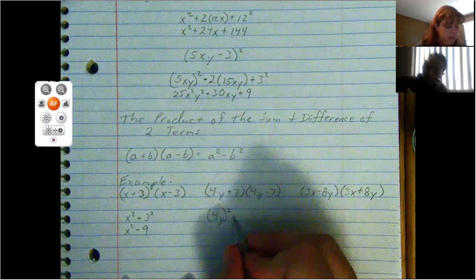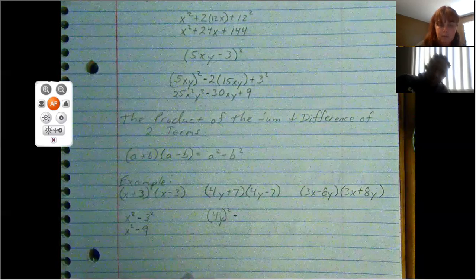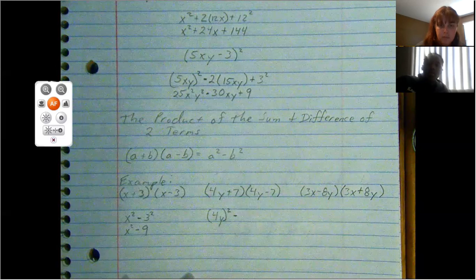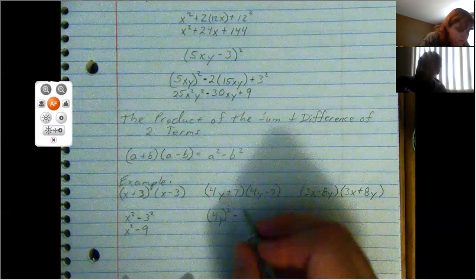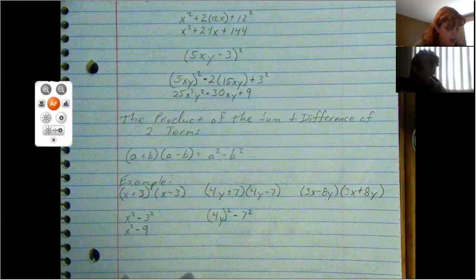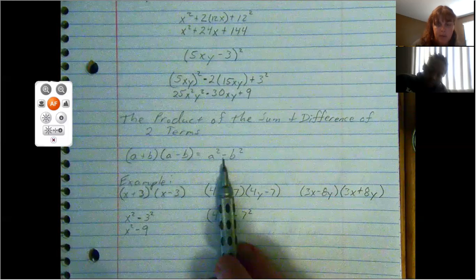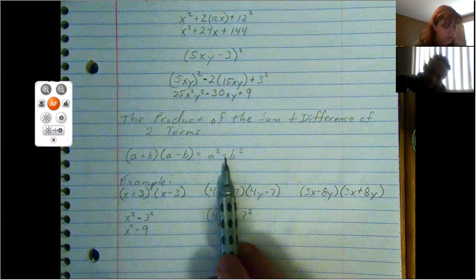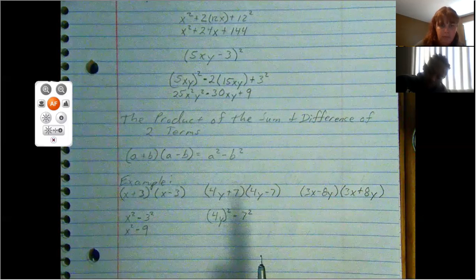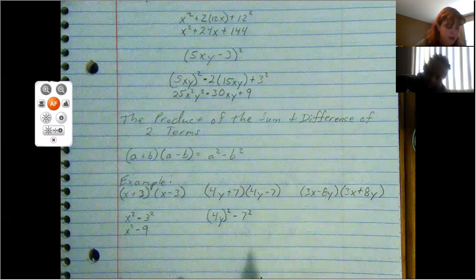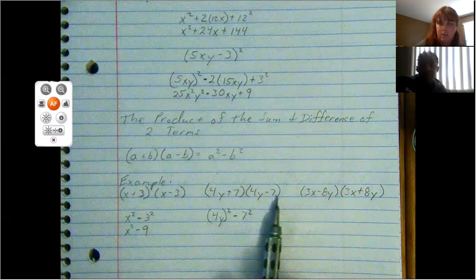Minus, what's my second term? 7 squared. And you'll notice each time it's always minus. So like up here we had a squared minus b squared. It's always subtracting between those two terms. Okay, because you have a positive times a negative.